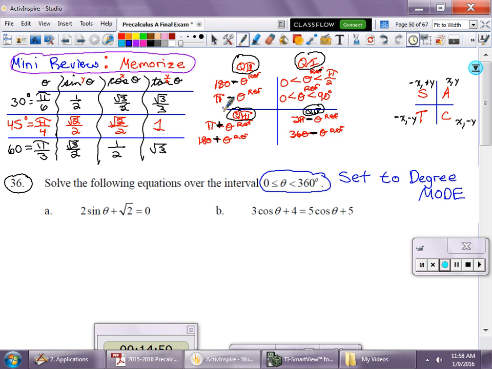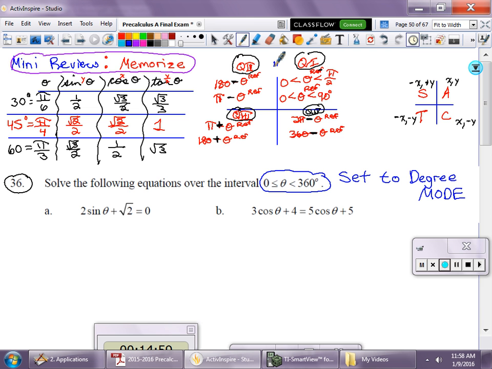Because angles measured in the second quadrant require us to rotate counterclockwise, and since we have to move to the left to find that angle, we must subtract from 180. What are we subtracting? The reference angle. The definition of a reference angle is an angle that lies greater than 0 and less than 90, or between 0 and pi over 2.